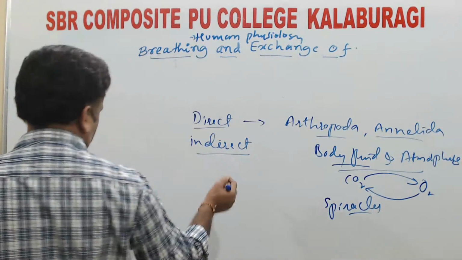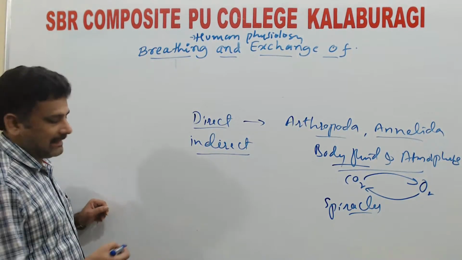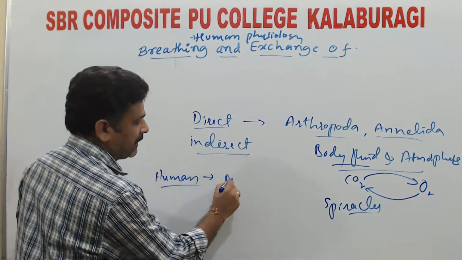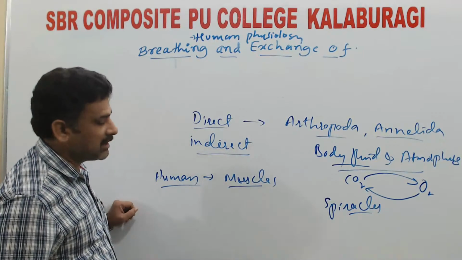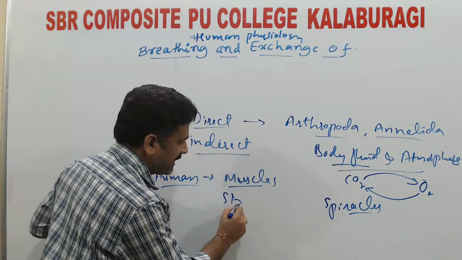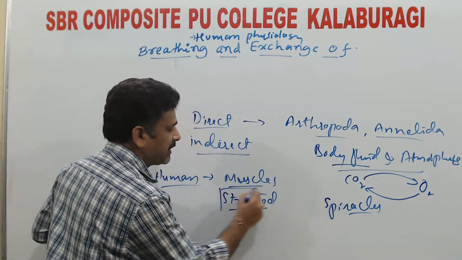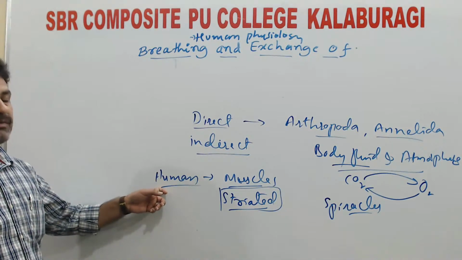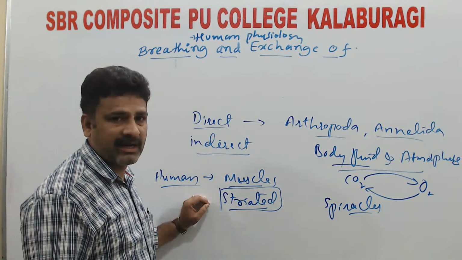One of the students has asked whether anaerobic respiration occurs in humans or not. Yes, it occurs in human beings, especially in muscle tissues. In muscles, when individuals are involved in vigorous exercise, especially striated muscles, we observe anaerobic respiration.